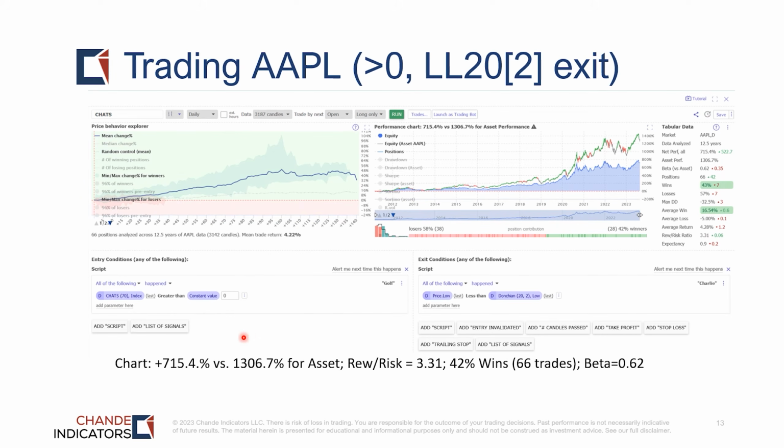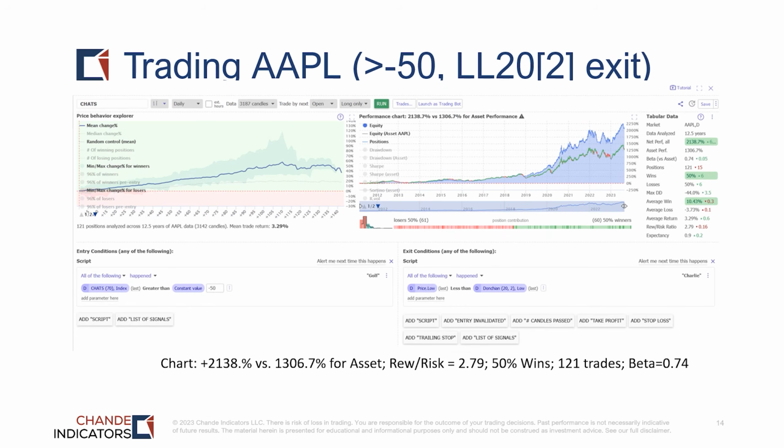This is the summary for values of CHATS being greater than 0 at the point of entry. And you see that the P&L for this test has crept closer to the buy and hold P&L. And this is the summary for values of CHATS being greater than -50 at entry. And you can see that the profitability for this test has exceeded the buy and hold returns.